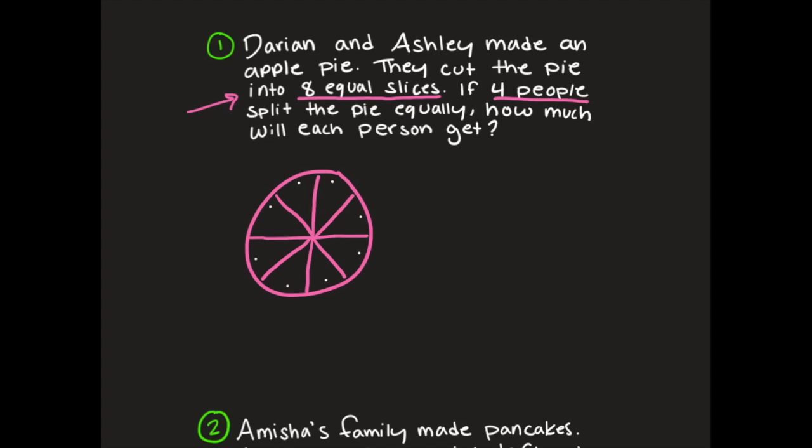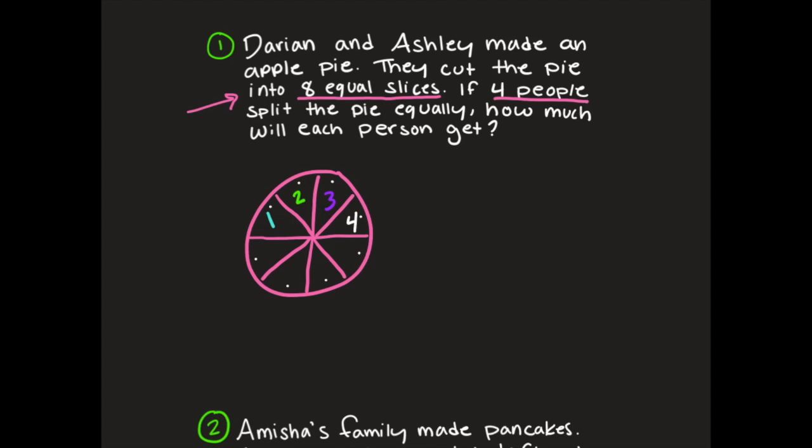Okay, if 4 people split the pie equally, how much of this pie will each person get? So what I'm going to do is go ahead and label. Here's person number 1, person number 2, person number 3, and person number 4.